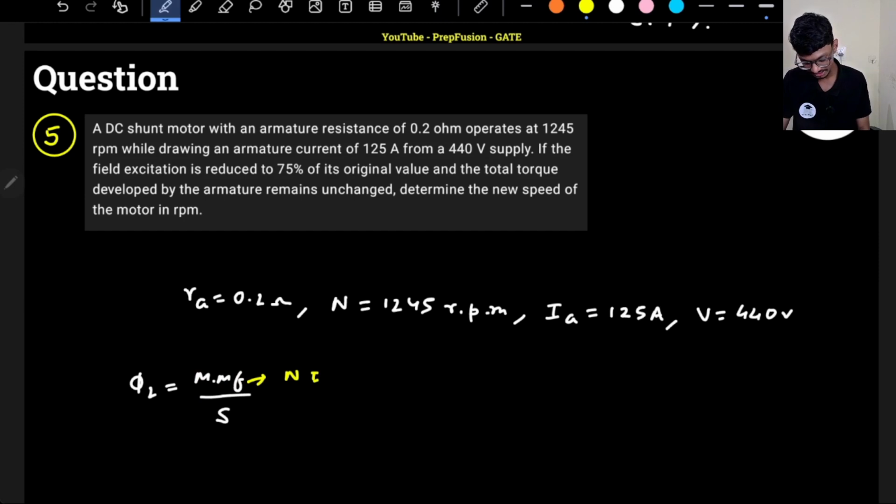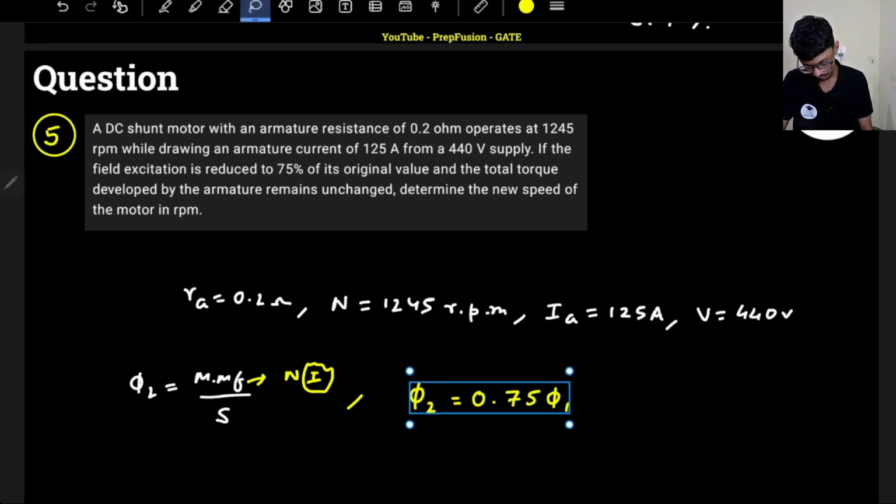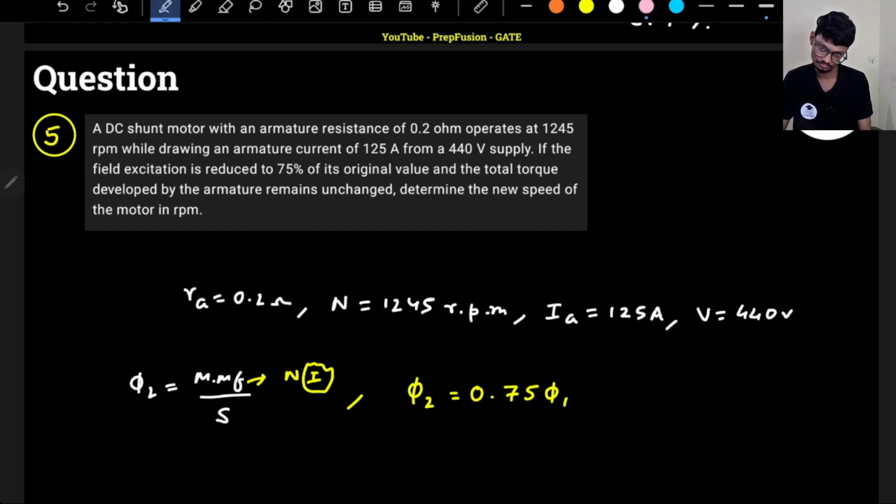So if the excitation is reduced by 0.75, the current has been reduced by 0.75, so my phi 2 will be 0.75 of its original initial value.